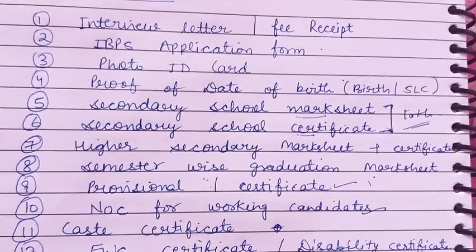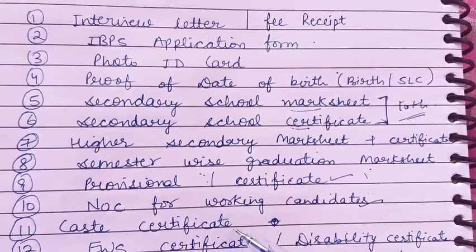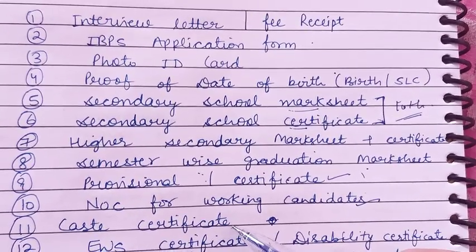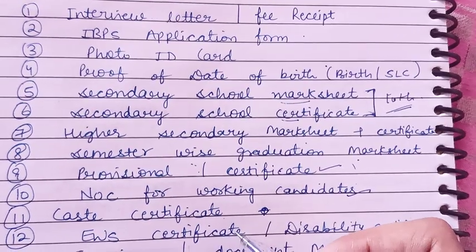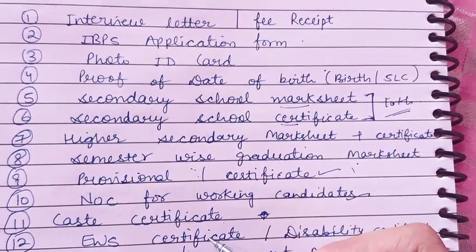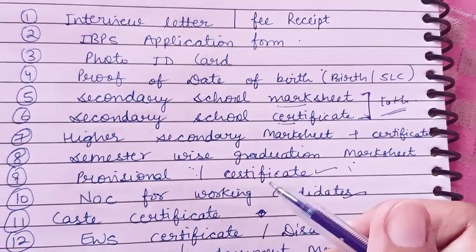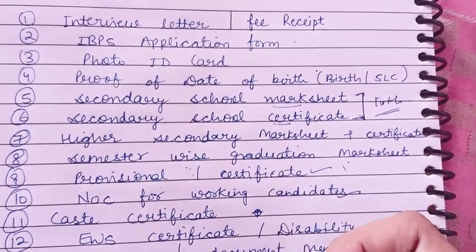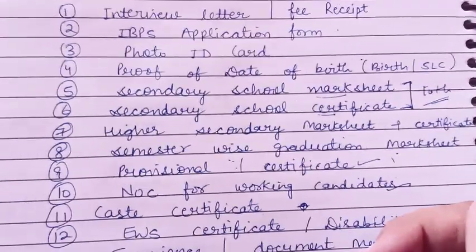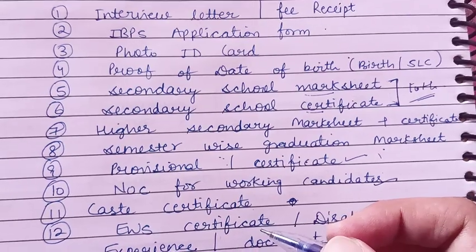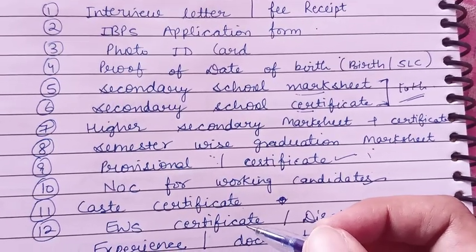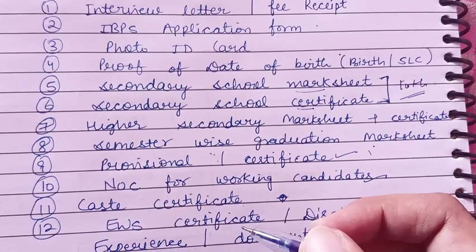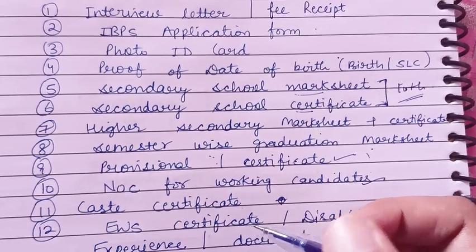Then there is caste certificate. Like if you belong to OBC, SC, ST, then you will need the caste certificate. And if you are an EWS candidate, then you will need the EWS certificate of the same year in which you have filled the form. Keep this thing in mind. In RRB, they take the latest certificate, but in IBPS and SBI, they take the EWS certificate of the same year in which you have filled the form.